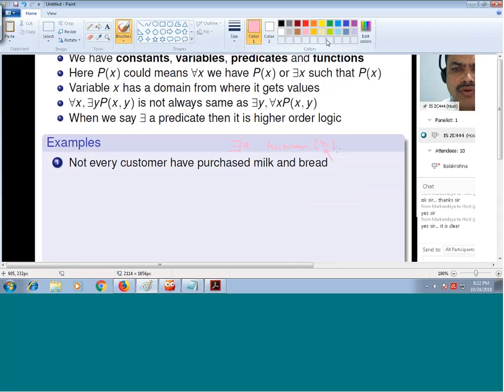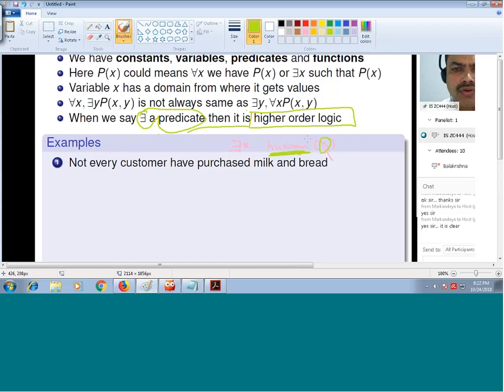Here we are not talking about a predicate. Sometimes we can say there exists a predicate that would be true on this particular variable. If we go by those logics, then it is called second order logic or higher order logic.